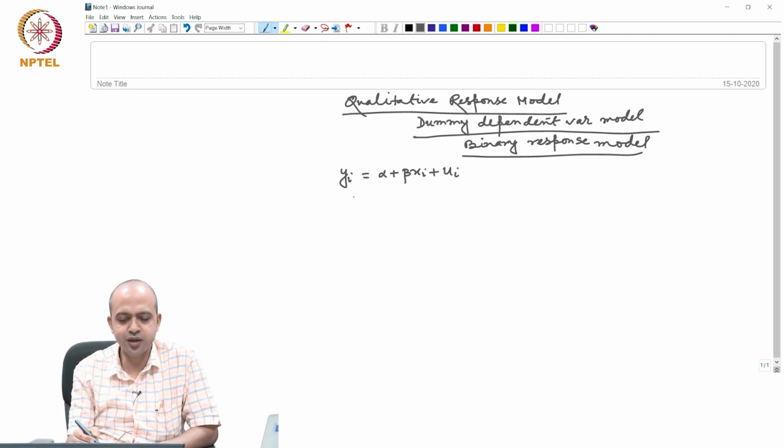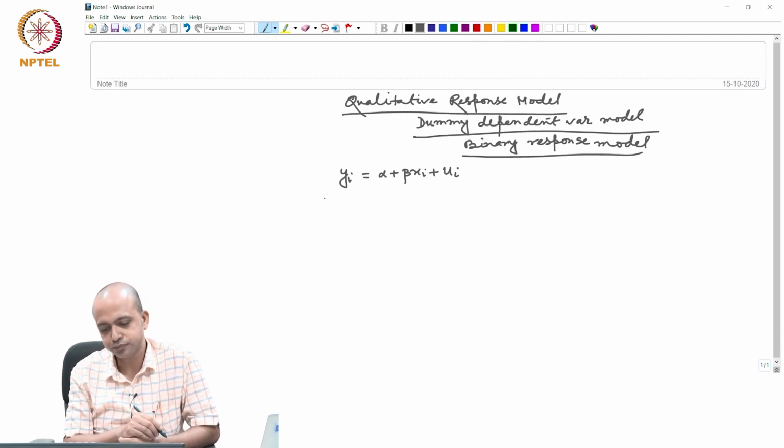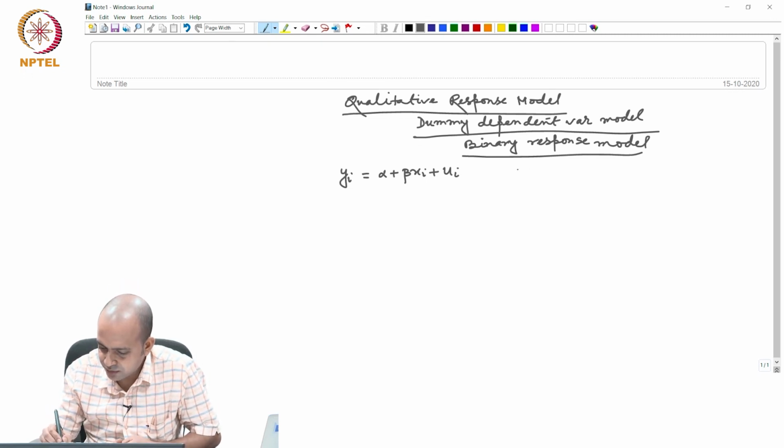Why is it called a binary response model? Because your response variable yi will take two values. Let us give some examples.